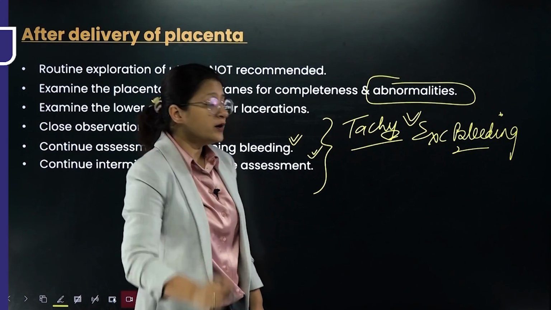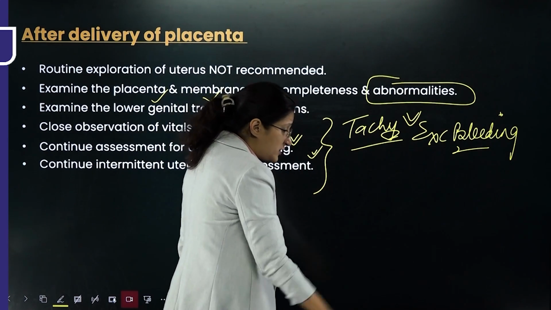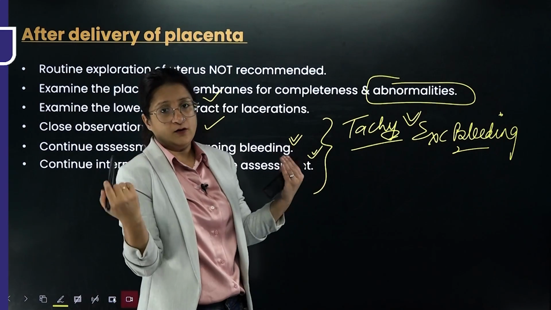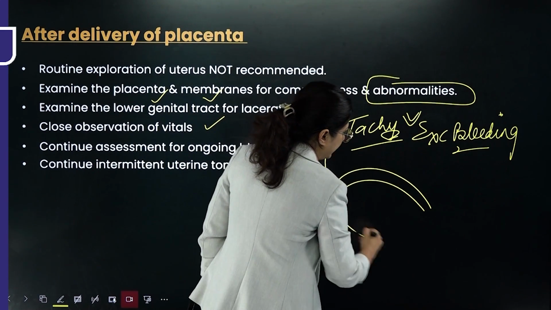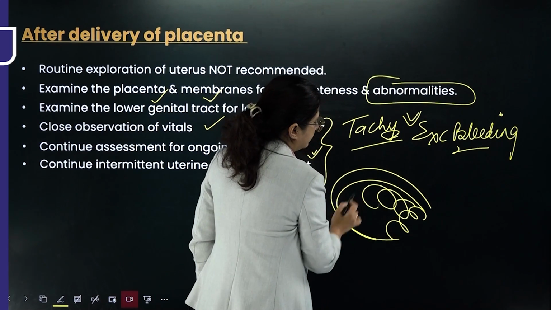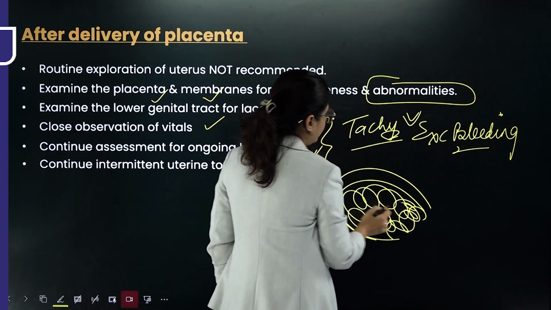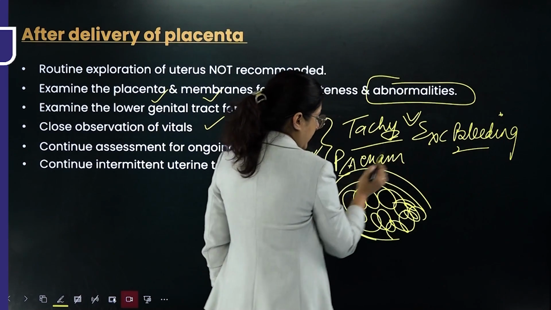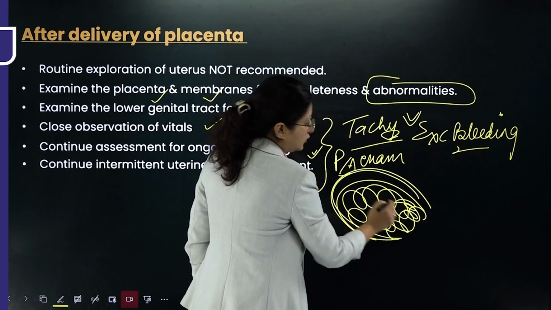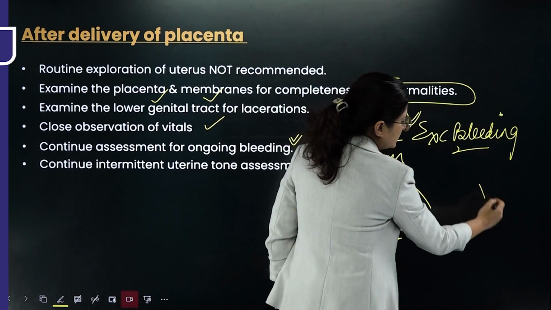Right? Now, what is important here to note is that sometimes, especially when the patient is lying supine on a bed, what can happen is that the blood is collecting inside the uterus, okay, and your per abdomen examination should be able to detect if there is uterine atonicity. There may not be a visible bleeding.